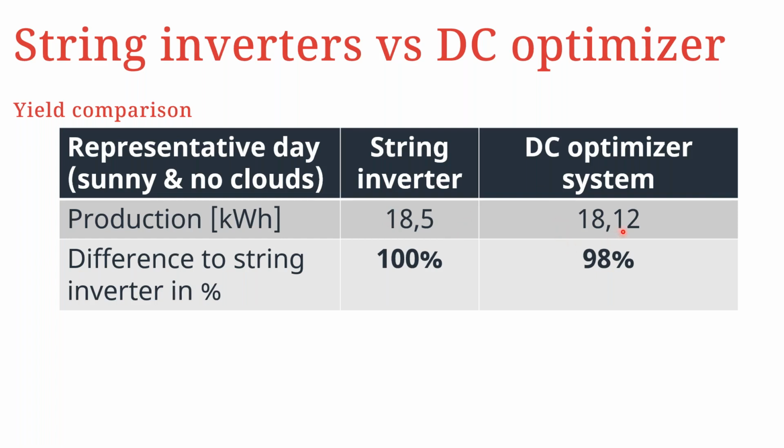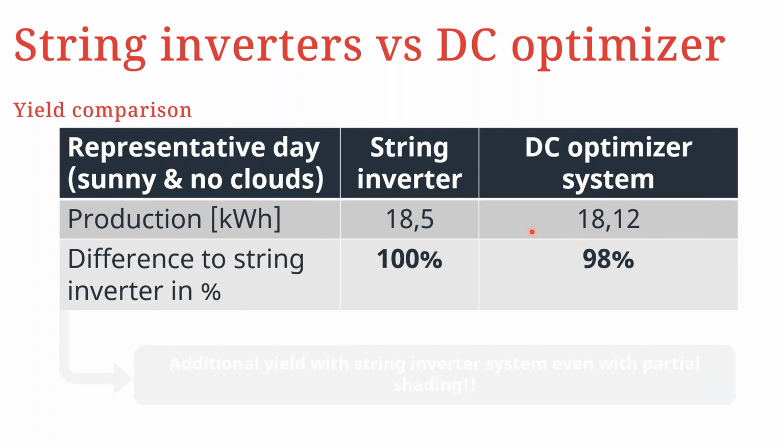So the string inverter system is able to produce 100% of the desired power, but the DC optimized system falls short and is only able to produce about 98% of the desired power.